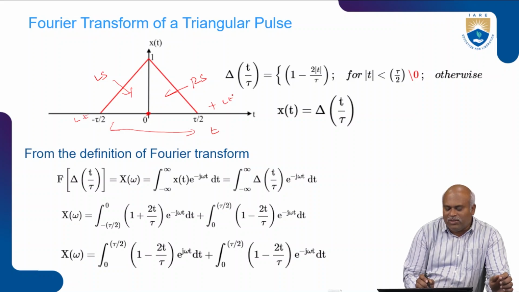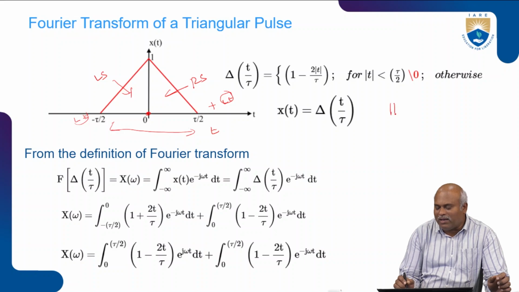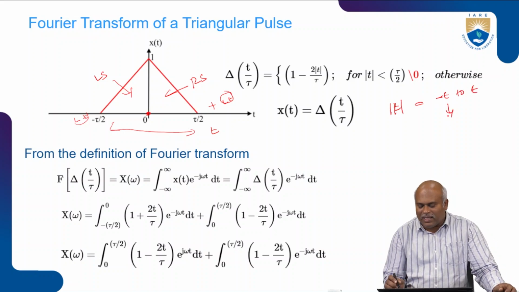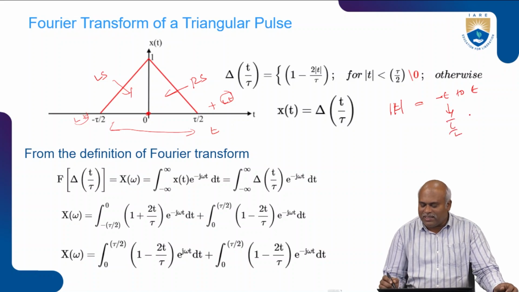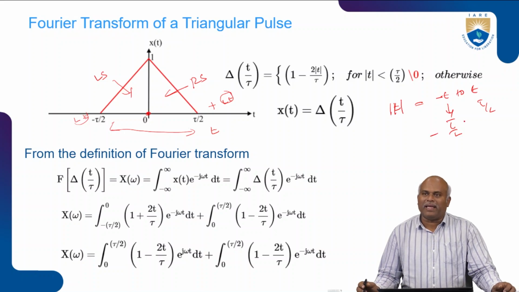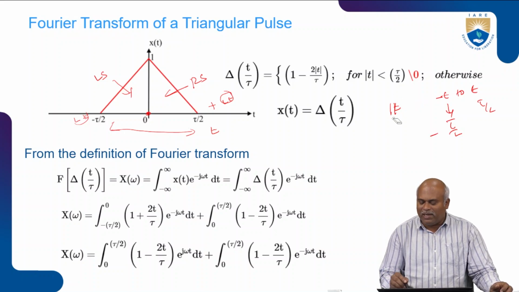So both the t I should write as mod of t. This mod of t is represented as minus t to plus t. This minus t duration, the time period is tau by 2. This case is represented as tau by 2. The left side I represent as minus, the right side as plus.